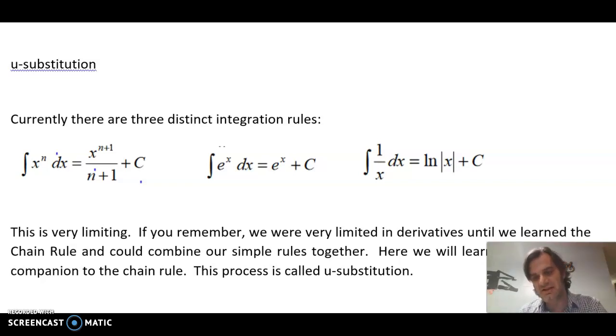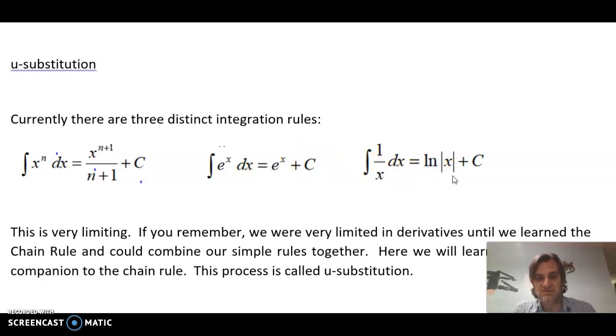We also had the quotient rule and the product rule, but those were used with other functions. They weren't functions themselves. So we've already covered the integration rule for these three things: the integral of the power function, the power rule, the exponential, and the rational function that becomes the natural log.